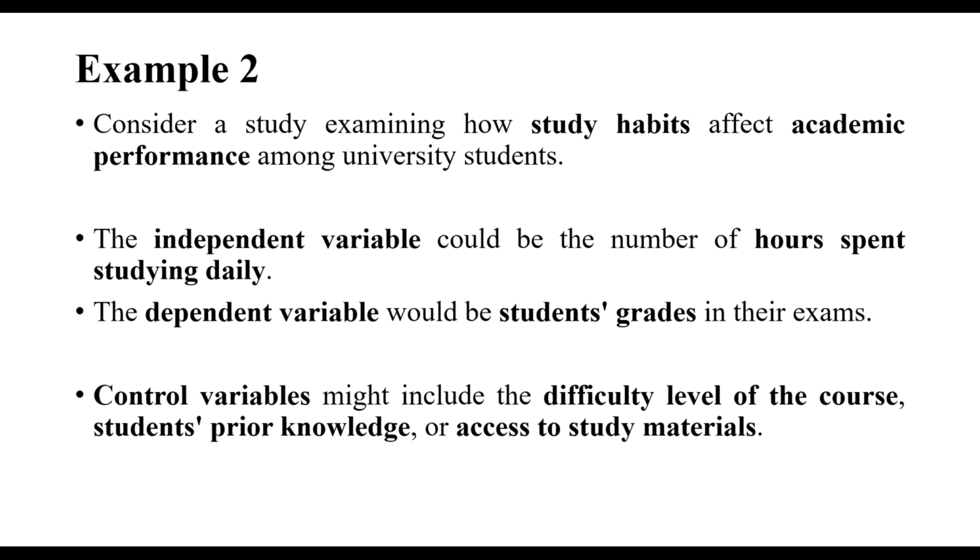Again, control variable might mean difficulty level of the course, students' prior knowledge or access to study materials. These can be used to control the effect that independent variable brings to the dependent variable.